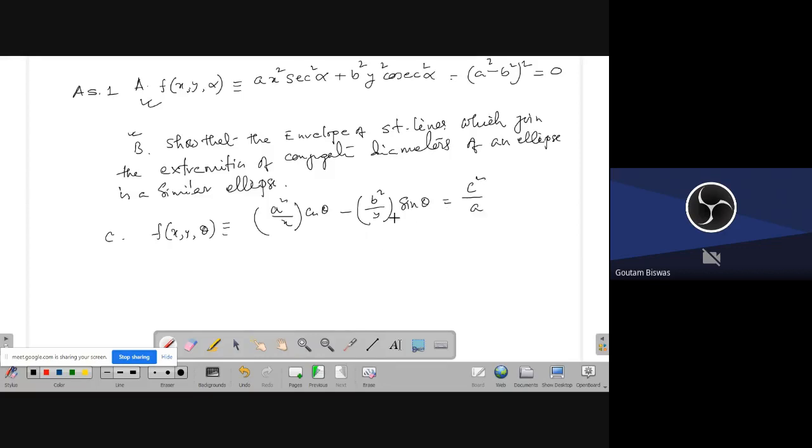So the parameter is theta, remember this. Find the envelope. Here also, find the envelope.